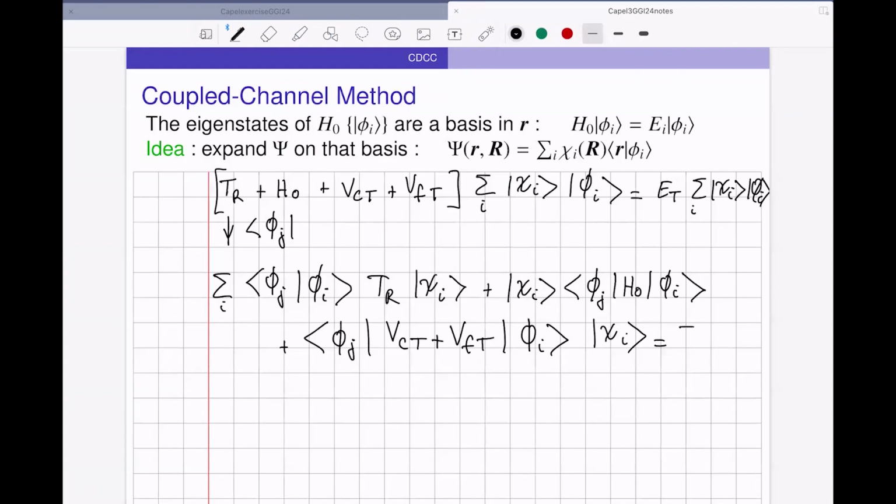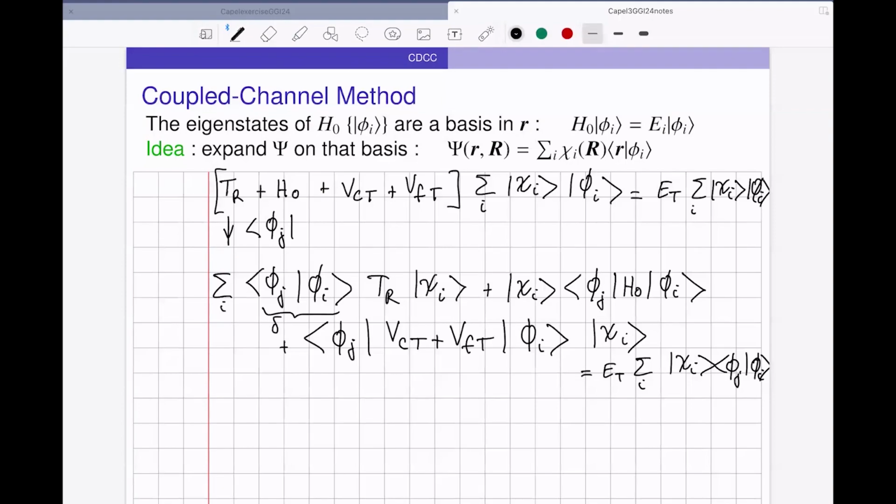And this is equal to E_T sum over i phi j phi i. And now we can look at each of the different terms. Of course, the basis is orthogonal. They correspond to different energies.